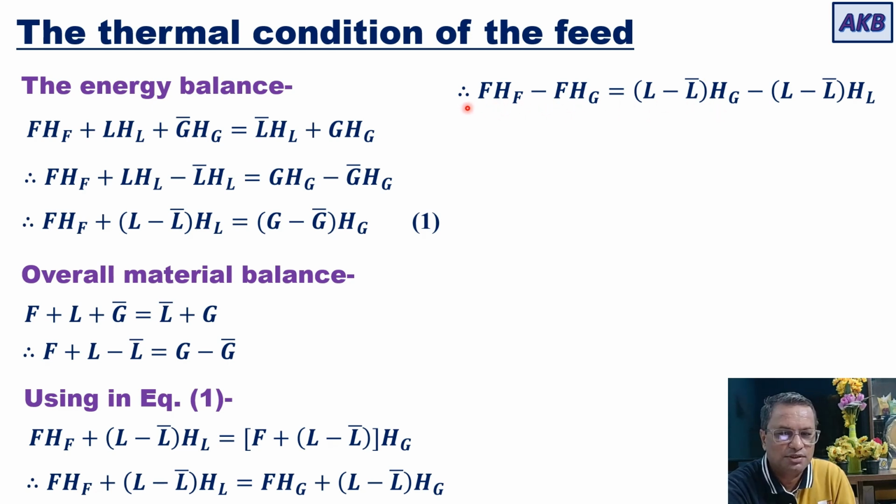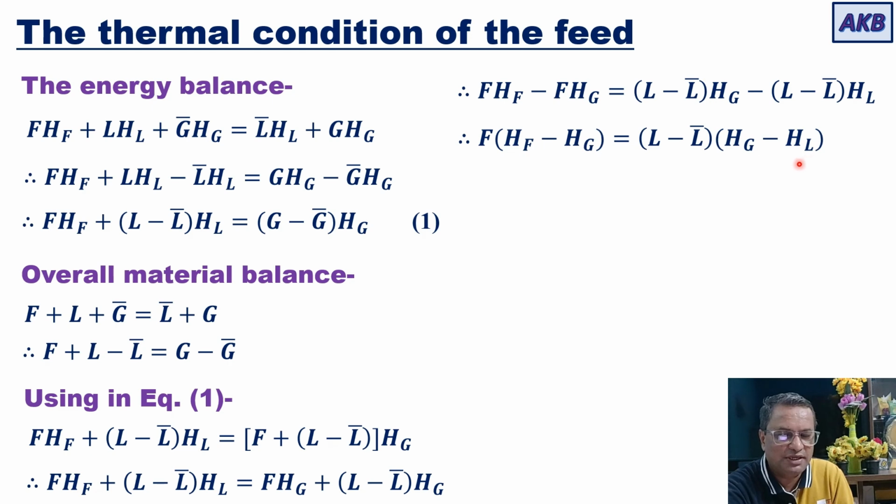So it is now F HF minus F Hg, that is equal to (L minus L bar) into Hg minus (L minus L bar) into HL. Now on the left hand side, I'll take F common out of these two terms, and on the right hand side, I'll take (L minus L bar) common. So if I do that, I'll have F into (HF minus Hg), that is equal to (L minus L bar) into (Hg minus HL).